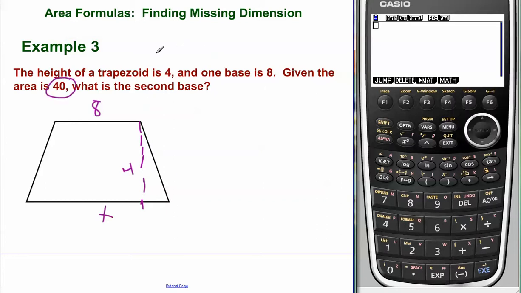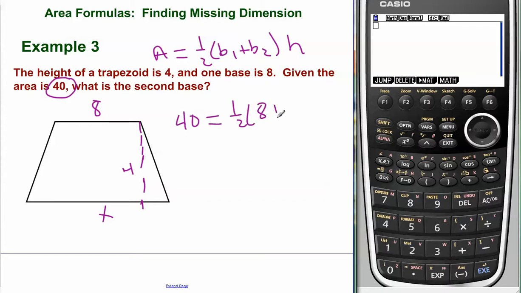So we're going to simply put what we know in our formula, 1/2 times base 1 plus base 2 times my height. And we're going to plug in what we know and find what we don't. So 40 is equal to 1/2 times (8 plus x), or x plus 8 preferably actually, times my height.